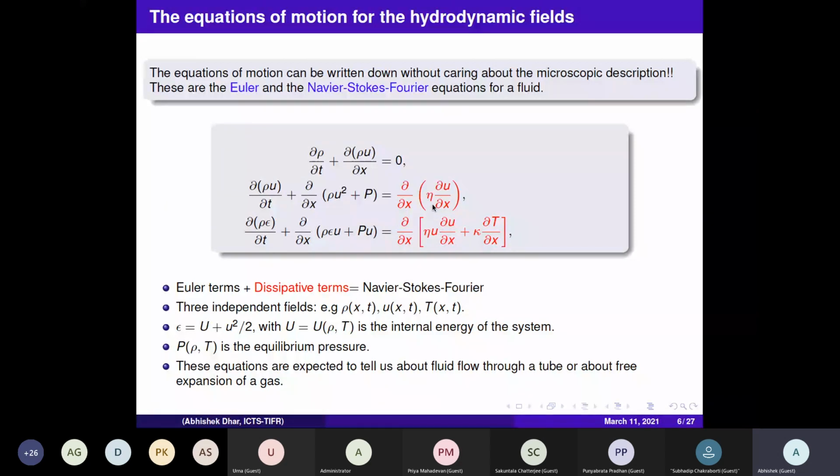The first term is like, if you have viscosity in a system, then it slows down the relative velocities between particles, and then you have this kappa, which corresponds to heat conduction. So these red terms are what I will call dissipative terms. If you drop these terms, then what you have is called the Euler equations for a compressible fluid.